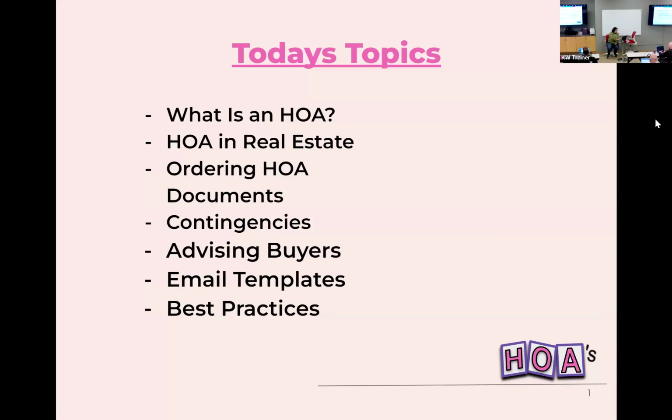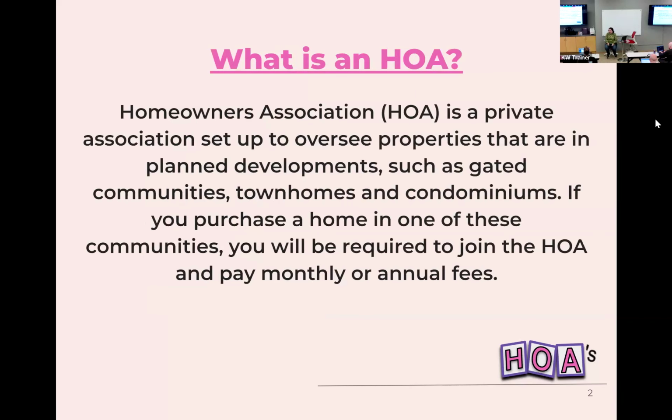So first thing is, what is an HOA? It's a homeowners association, set up to oversee properties and plan development. When you join, you're usually required to pay monthly fees. There are HOAs in neighborhoods too. If you share one community road, one sidewalk, one path, or one park, that could be a neighborhood association as well.